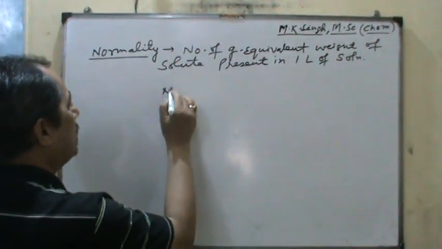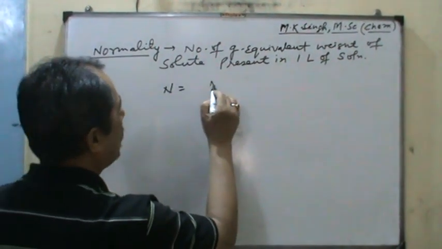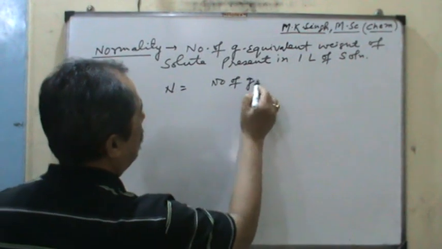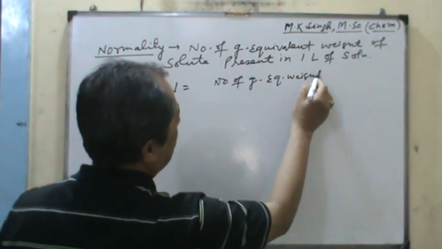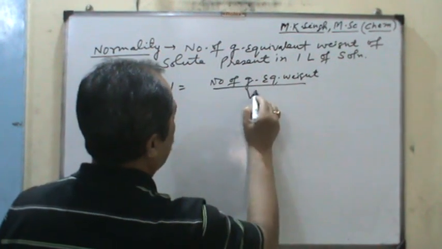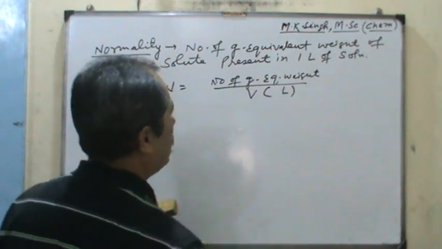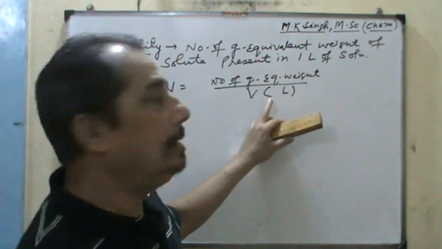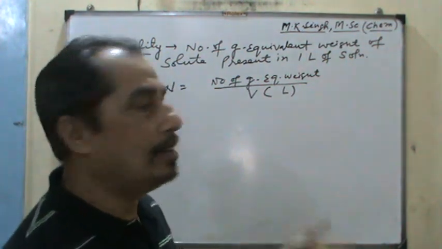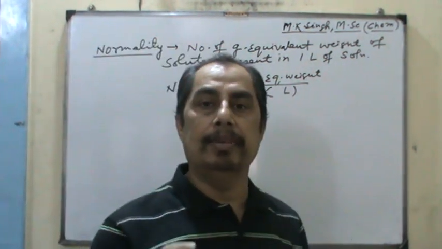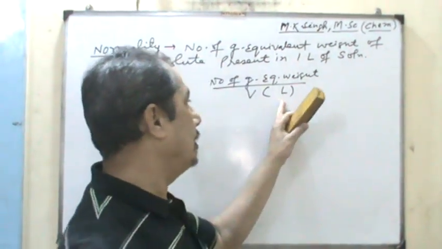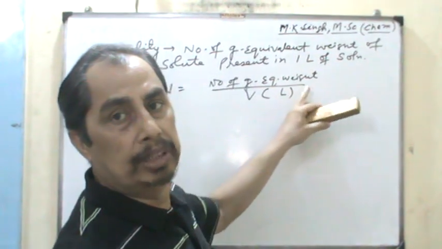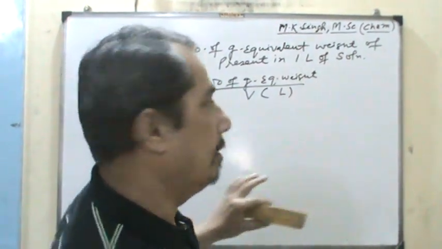Mathematically, normality is written as number of gram equivalent weight upon volume of solution in liters. In order to explain the number of gram equivalent weight, you know it very well, given mass upon equivalent mass, and whatever the volume given is to be added here.